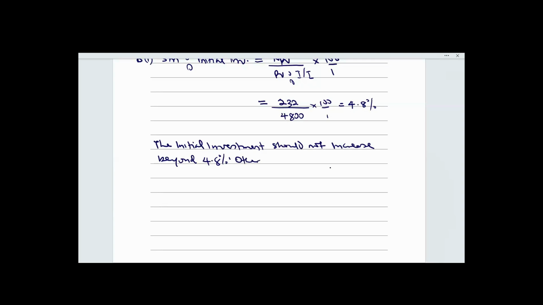Otherwise, the investment proposal will not be viable.